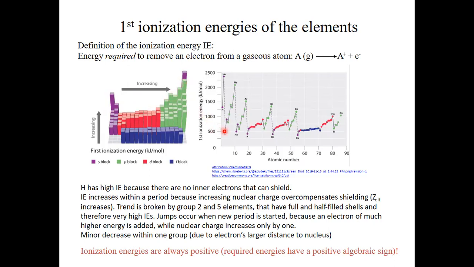We can actually see this more clearly from this graph here. As we go from lithium to neon across the period, we see that the ionization energy increases. The same is true as we go from sodium to argon, and then from potassium to krypton, and also from rubidium to xenon, and from cesium to radon.